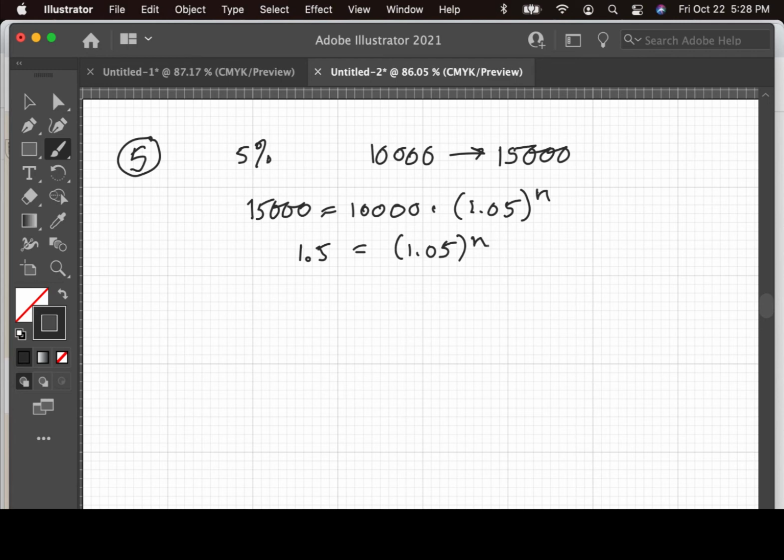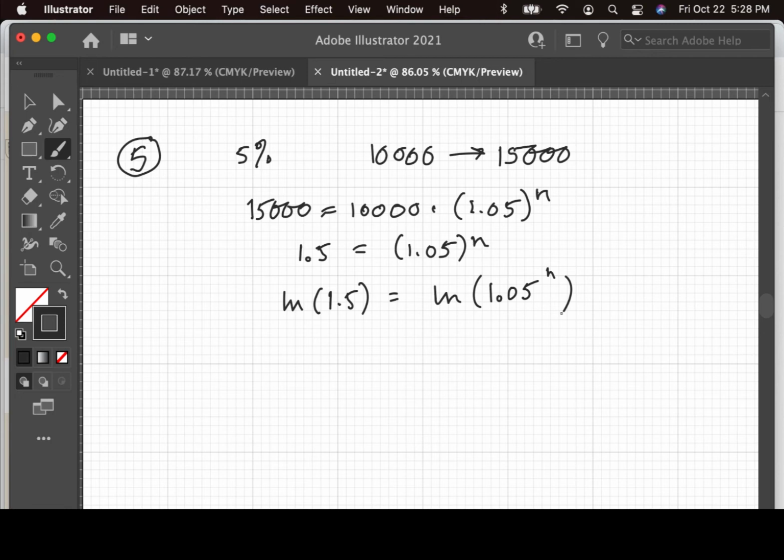Now you could do a trial and error to try to figure out what n is here, but we know the magic of logarithms. If we take the natural logarithm of both sides, or any logarithm of both sides, could be base 10, let's just do natural log. Natural log of 1.5 is equal to natural log of 1.05 to the nth power.